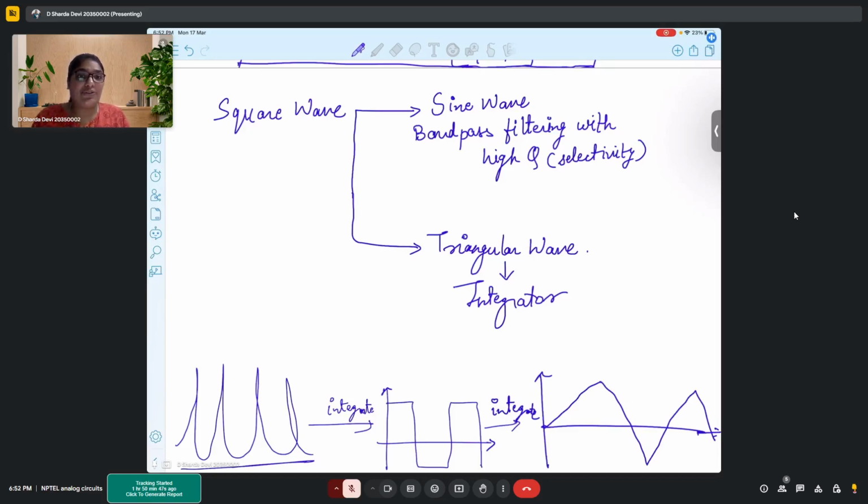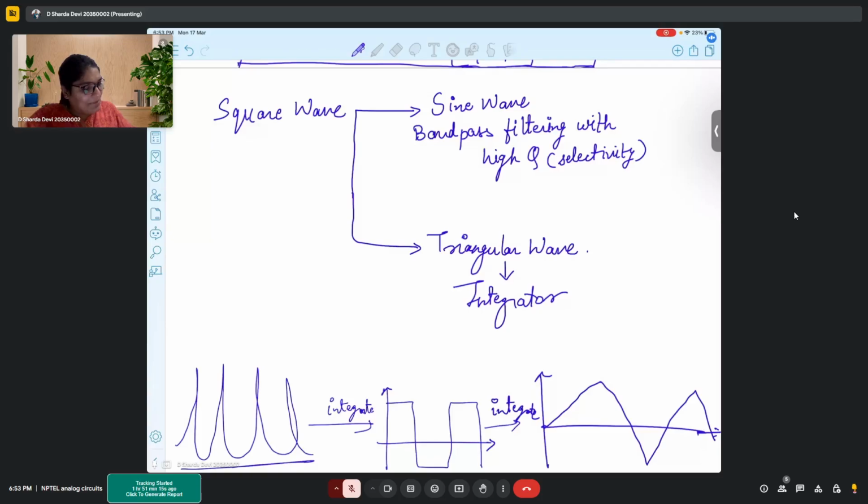So similar to that, as the notch filter rejects one particular frequency, if there is a bandpass filter which passes only a single frequency, if it is designed that way, then that bandpass filter can extract one sine wave out of the multiple sine waves present in the square wave signal.